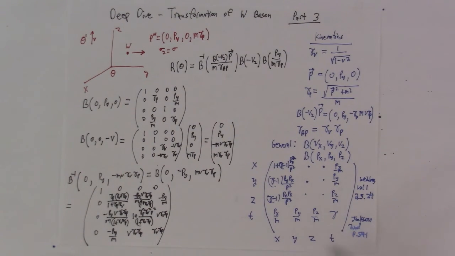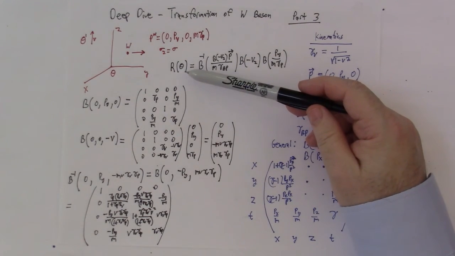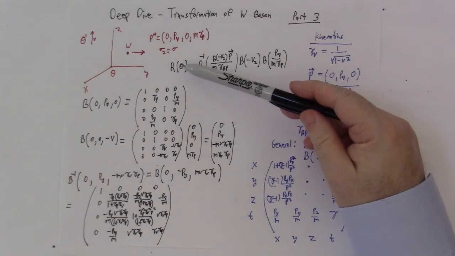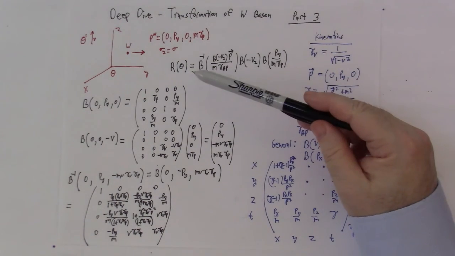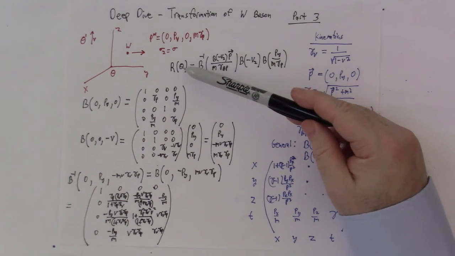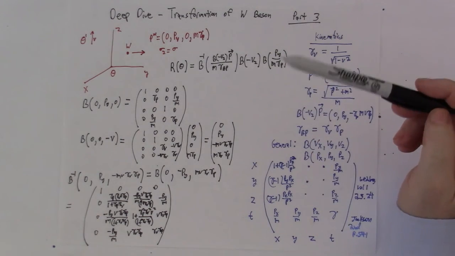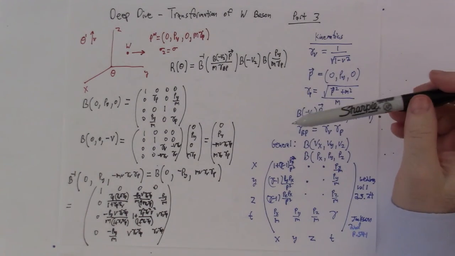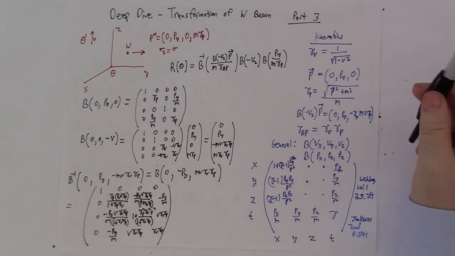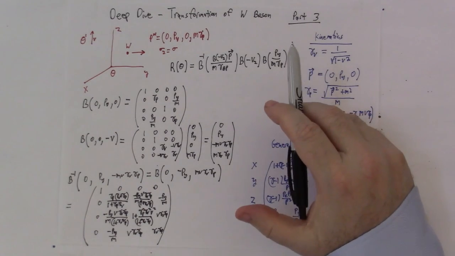But once we do that, we'll get a matrix, and what we want to verify is it's a rotation matrix, and from that matrix we want to get the angle theta. Once we have the angle theta and the axis of rotation, once we have this whole matrix, we can figure out how to transform the spin components, and we'll start doing that in the next couple of parts. So I'll see you in part 4 next time. Thank you very much.